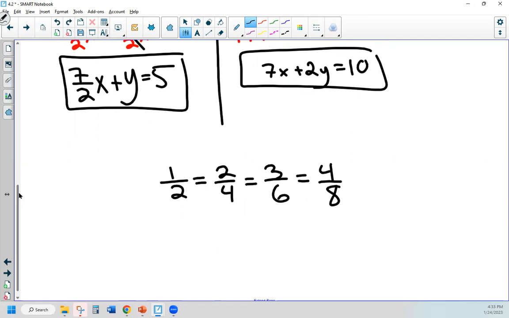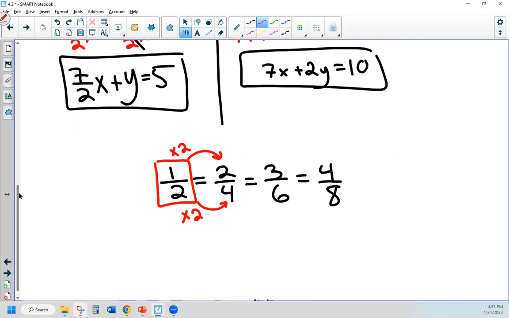All these fractions are equal to each other. And that is because if we grab any of them and multiply the top and bottom by the same amount, by the same factor, I create these values here. That's what makes them proportional or equal to each other.